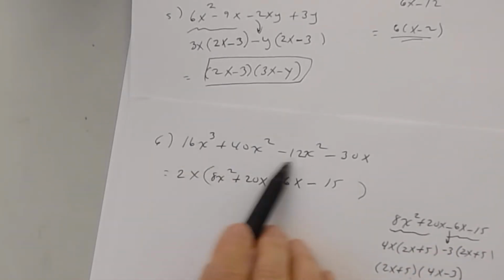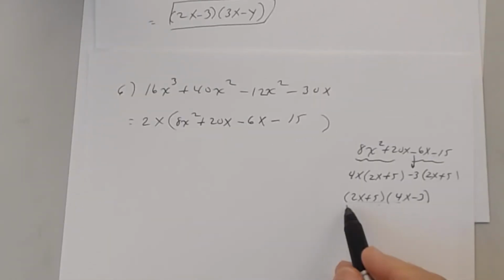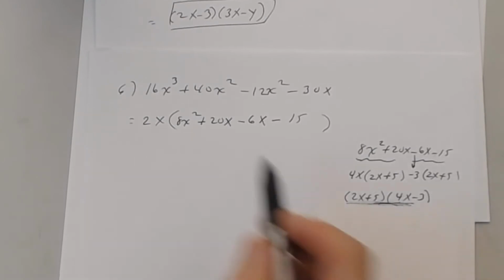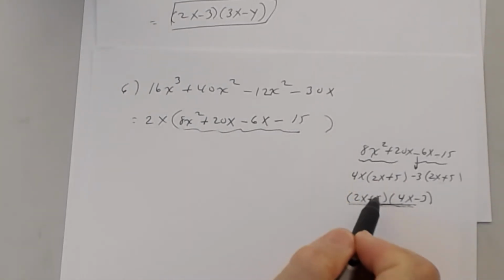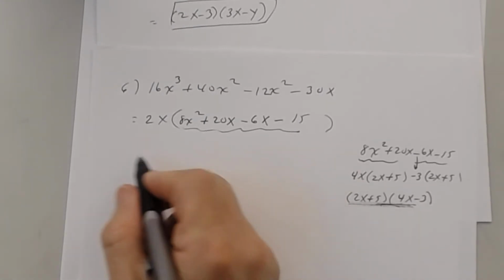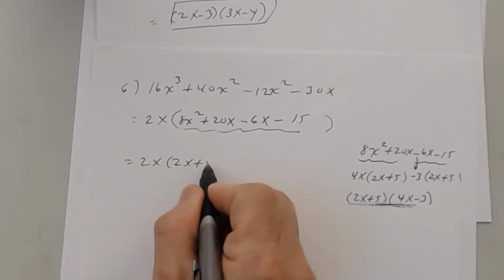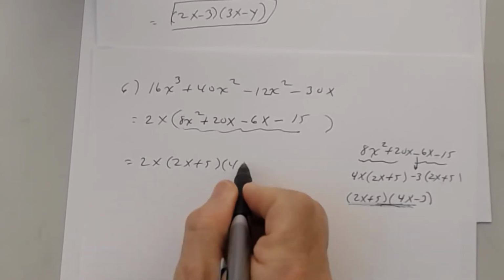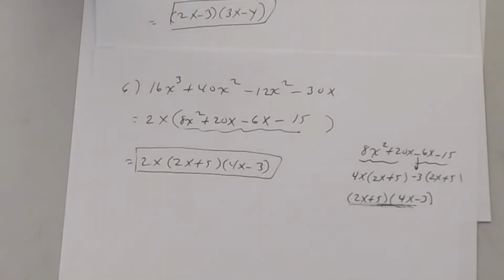But the original was this one. So this right here, see that I'm underlining, is the answer for this one, right? But what else is being multiplied by this? 2x. So the answer is going to be 2x times 2x plus 5 times 4x minus 3. Okay?